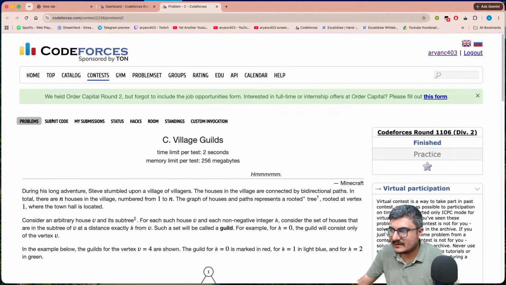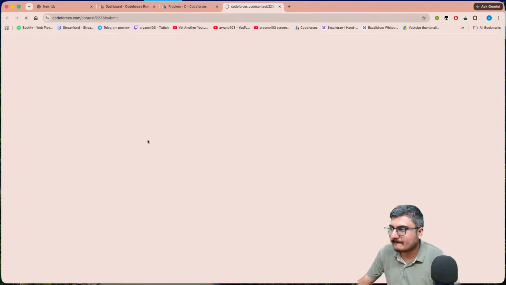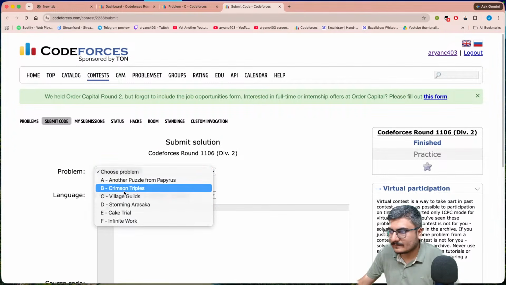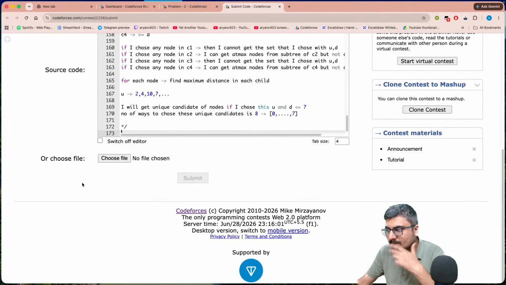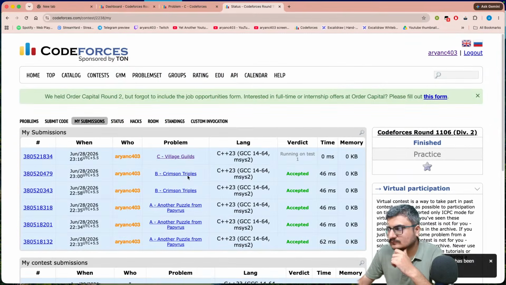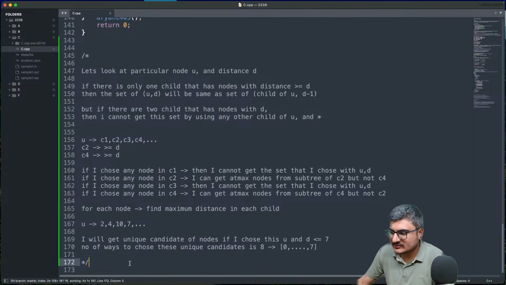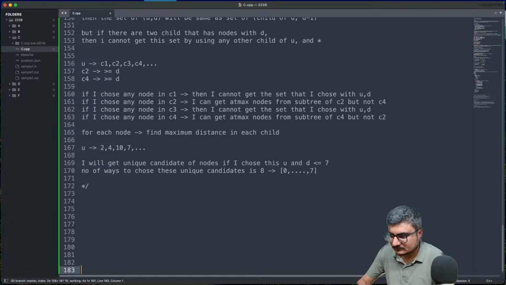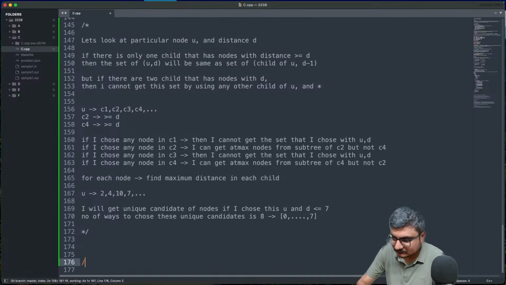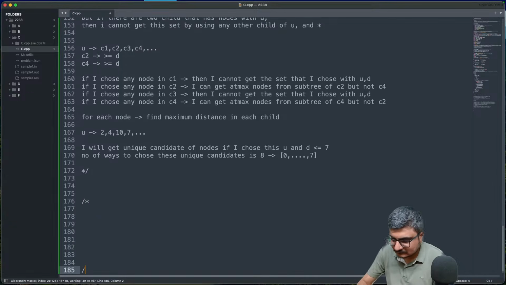Okay, how do I find heights using DFS? Yeah. Overall, the idea is as follows. Let's say we have this tree.